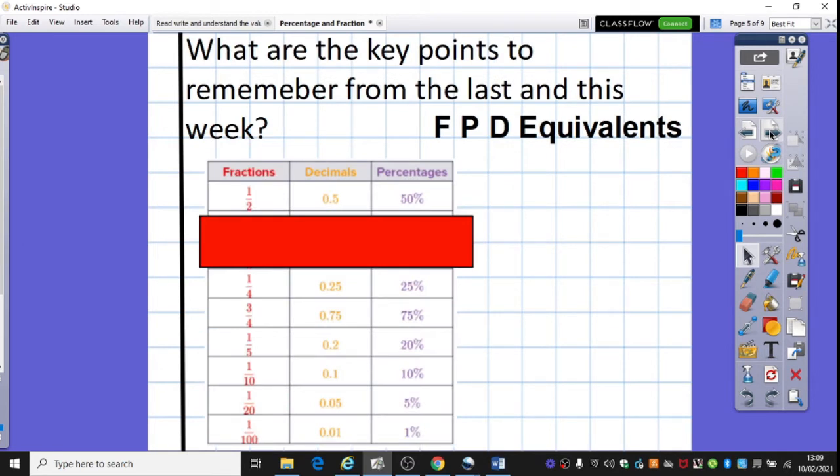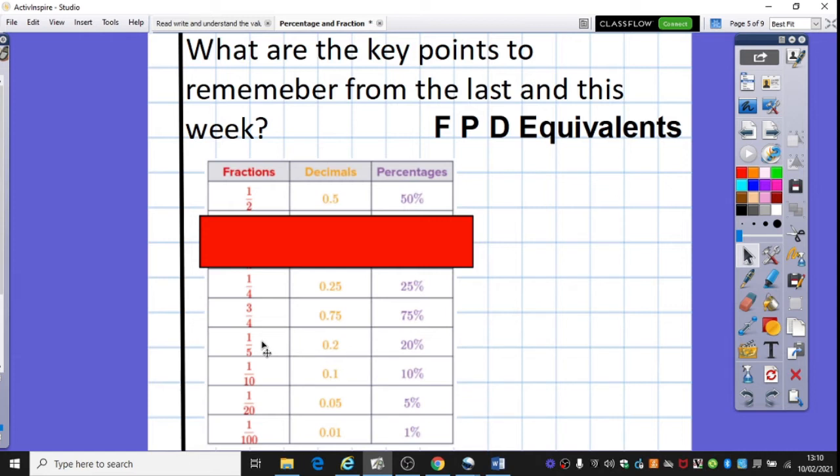So a little recap then. Some of the key points to remember from last week are those fractions, decimals and percentage equivalents. I'd say probably today the key is going to be to remember those percentage and fraction equivalents. We've looked at a half and 50%, a quarter and 25%, 3/4 and 75%. We've also looked at a tenth. The other one that may come up is 20%, which is equivalent to a fifth, and also to 2/10.